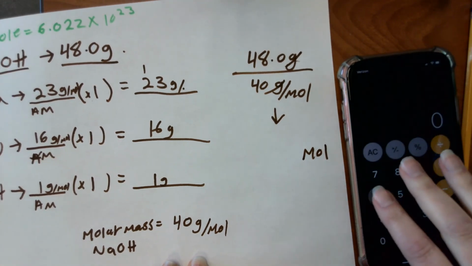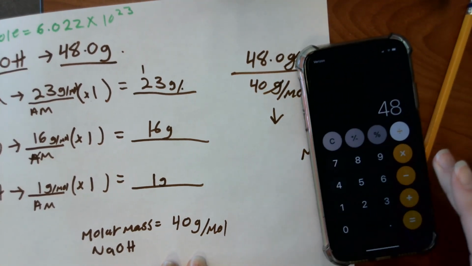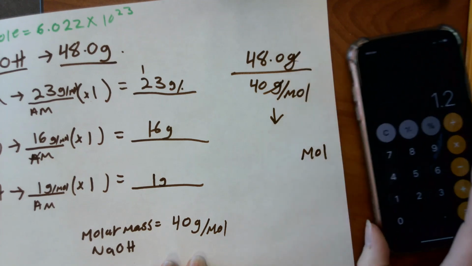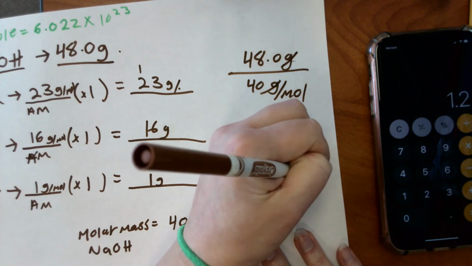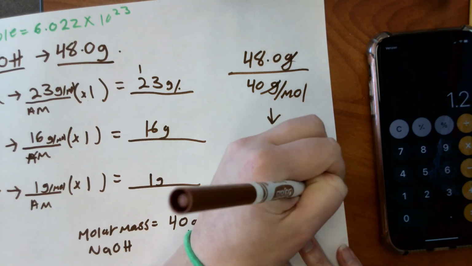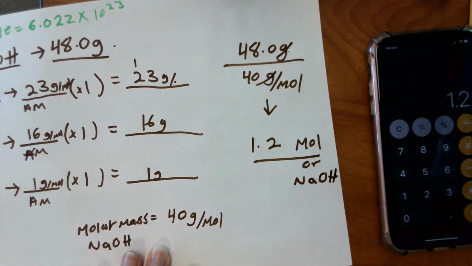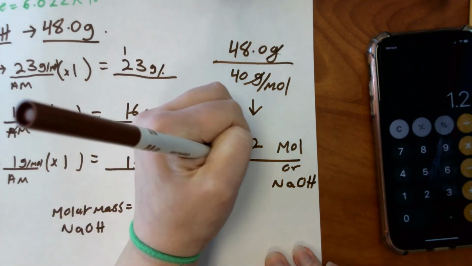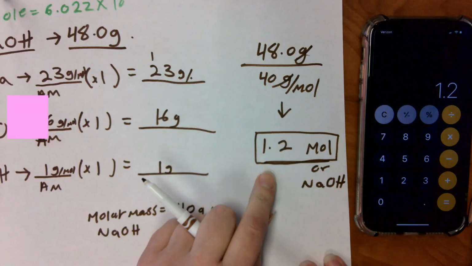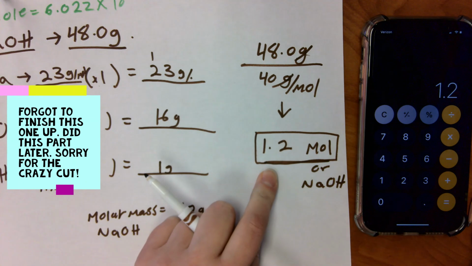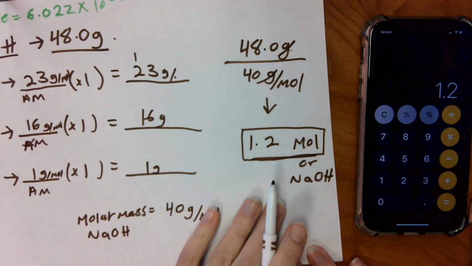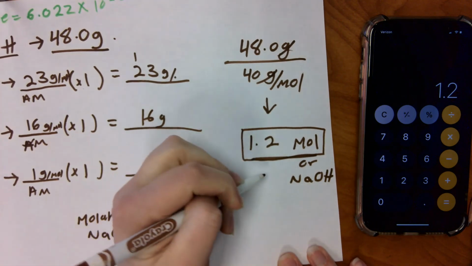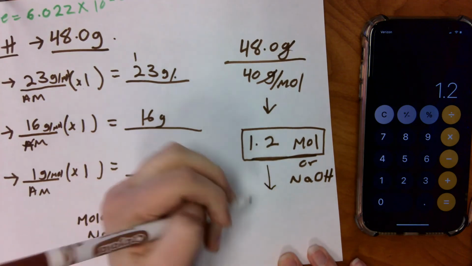Which means we have 1.2 moles of sodium hydroxide. Okay. Once we have our 1.2 moles of sodium hydroxide, then all we have to do is turn this back into molecules. Okay.